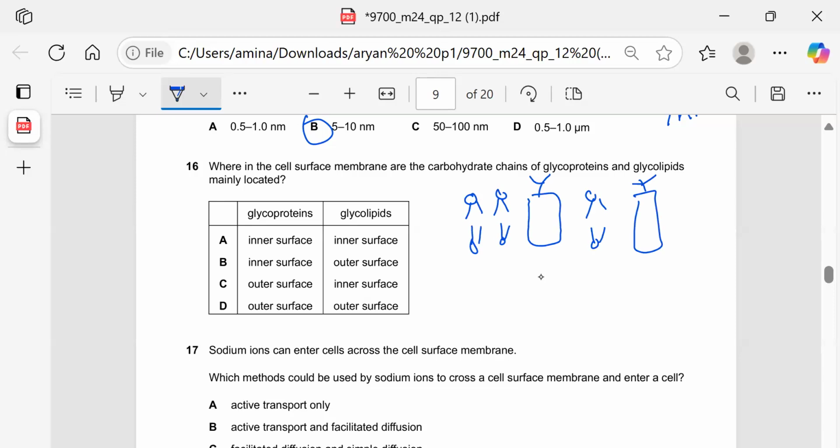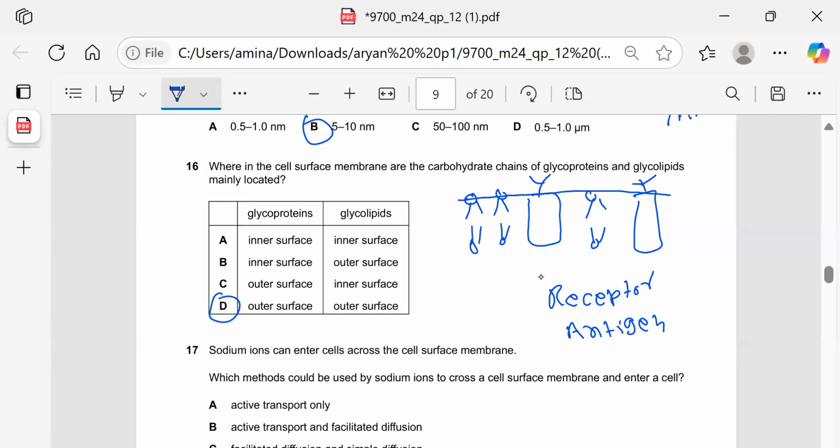Why does the chain have to be on the outer side? Because these glycoproteins are acting as receptors for signaling molecules. So they have to receive anything on their surface. Similarly, they may be acting as an antigen for cell-to-cell recognition. So again, they are required to be on the surface, not on the inner side or towards the cytoplasm. So the answer is going to be D.